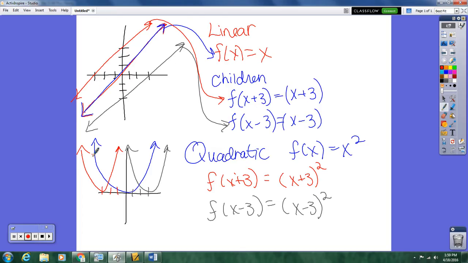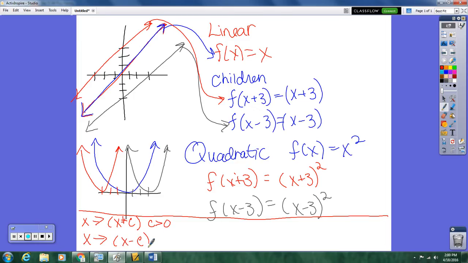Now, below both of those, they've got a little box there, and it says, describe what happens when x is replaced with x plus c, and c is greater than 0, and then it says, when x is replaced with x minus c, and c is less than 0.